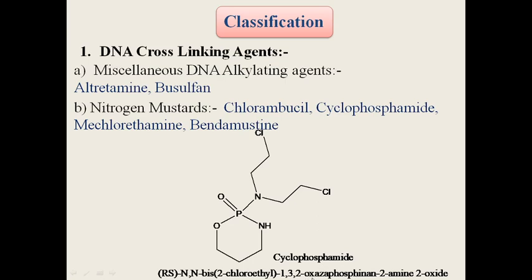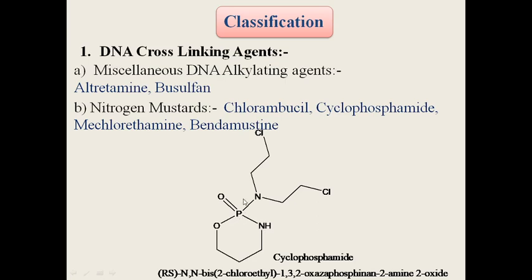Ox means oxygen, aza means nitrogen, and phos means phosphorus. Ox is at position number 1, aza nitrogen at position number 3, and phosphorus at position number 2. So this is the oxygen at position number 1, this is phosphorus at position number 2, and this is nitrogen at position number 3.